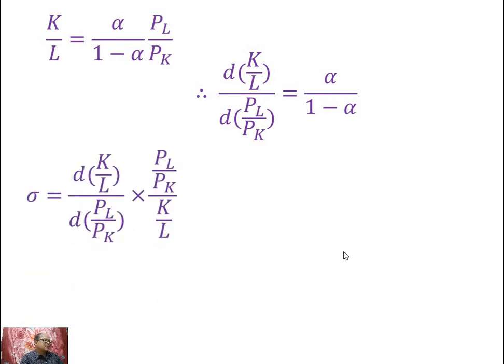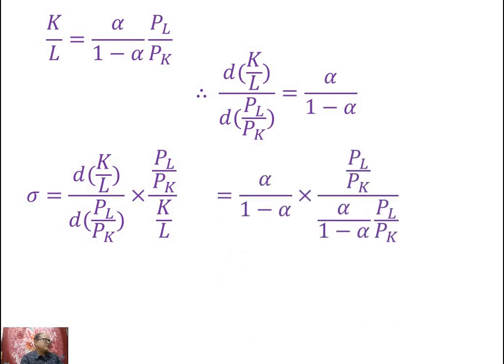Therefore sigma is equal to d(K/L)/d(PL/PK) into PL/PK divided by K/L. Here we put the value of d(K/L) with respect to d(PL/PK), that is alpha/(1 minus alpha), and for PL/PK, again we put the value of K/L, that is alpha/(1 minus alpha) into PL/PK.